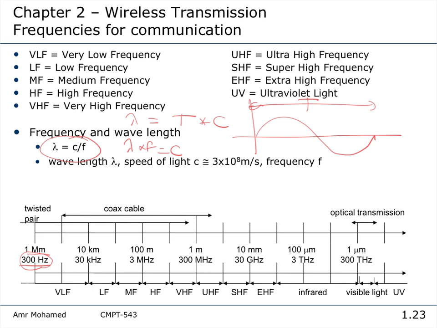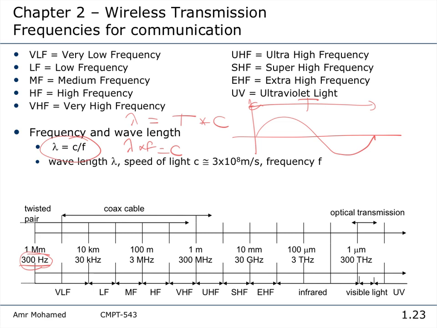In this very low frequency, of course, the wavelength is huge. We talk about a wavelength of 1 million meters. So imagine the span of the signal, 1 million meters. The signal can take a huge space in the air, right?